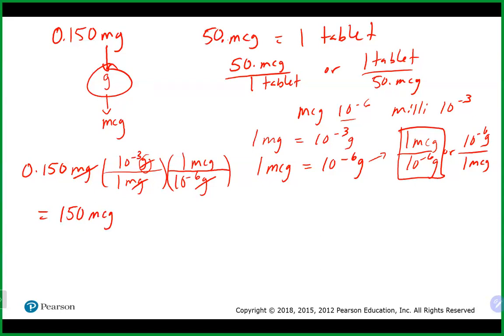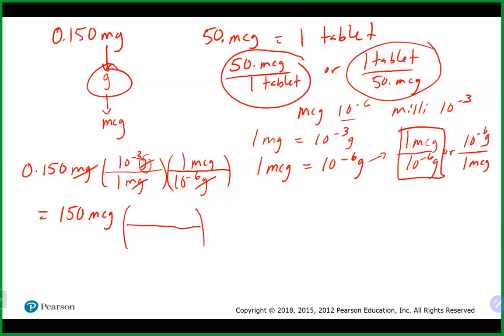Any questions on that conversion there? So the purpose of why we're converting this number is that now it's going to work fine with the conversion factor that was given to us in the problem, since it's in micrograms per tablet. So we could actually finish this up by still doing our opposites here, right? So micrograms is up on top, so we need it on the bottom. So we will use this conversion factor here to do that.